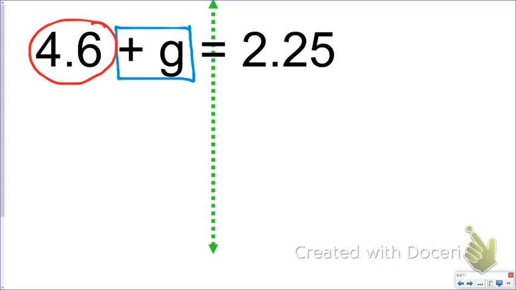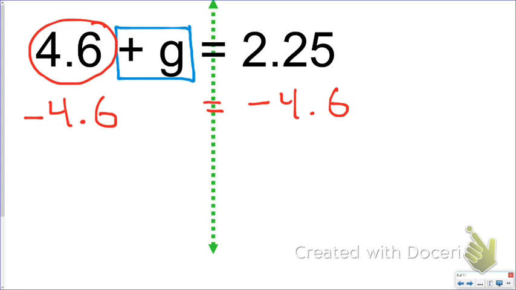What's going to get rid of this positive 4.6? Well, it's a negative 4.6. And then, of course, if I put negative 4.6 on one side to keep the equation equal, I have to put a negative 4.6 on this side. Okay.